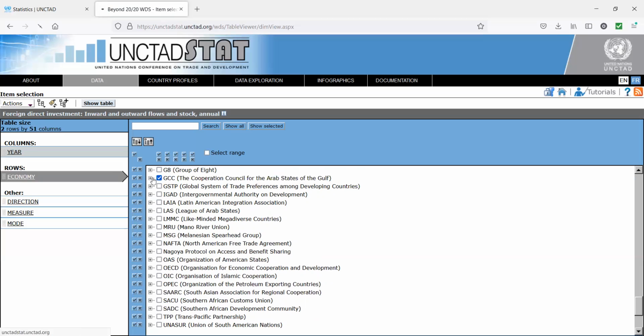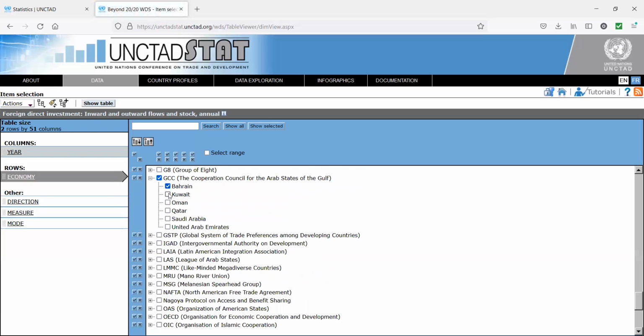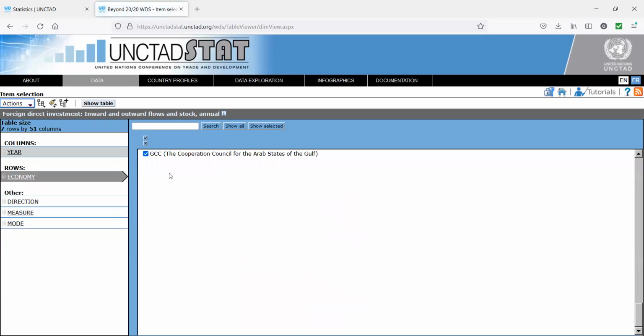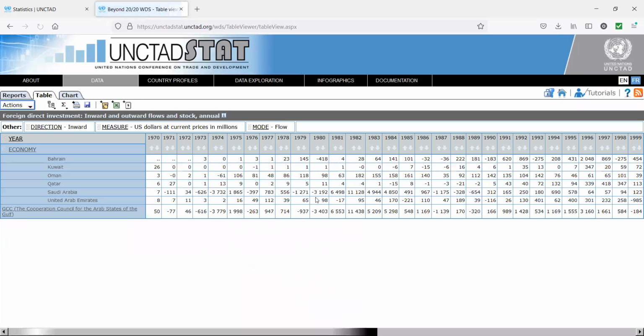That's what I'm going to get data for. After we do that, show selected, and then show table.